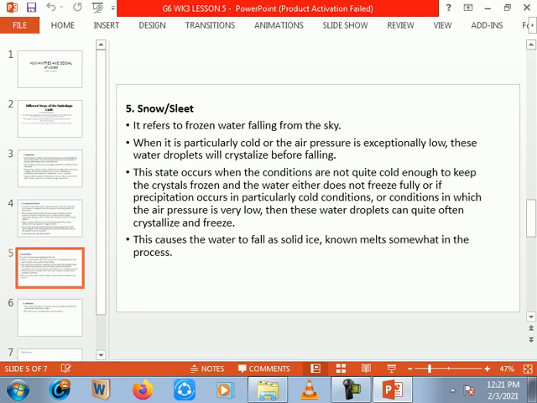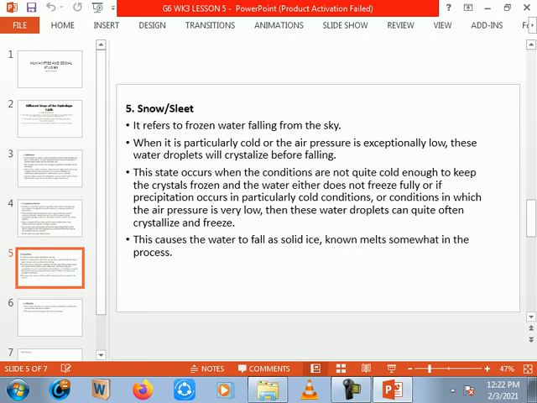Step number 5 is about snow or sleet. What is this? It refers to frozen water falling from the sky. When it is particularly cold or the air pressure is exceptionally low, these water droplets will crystallize before falling.